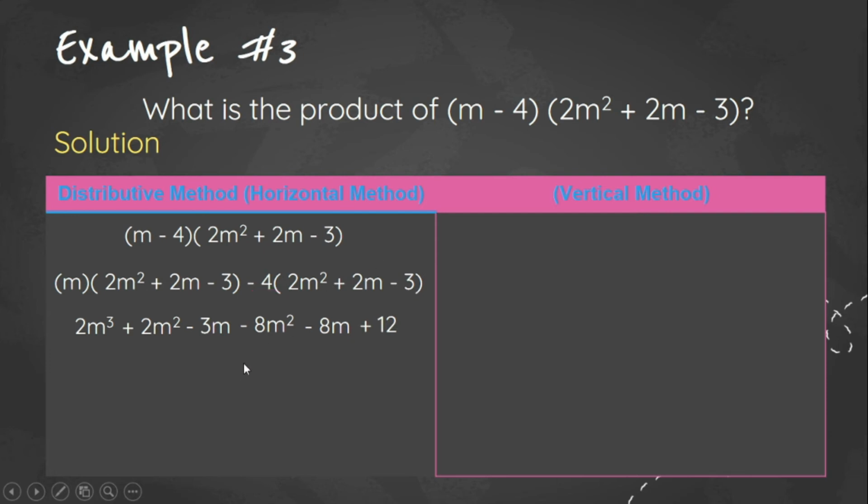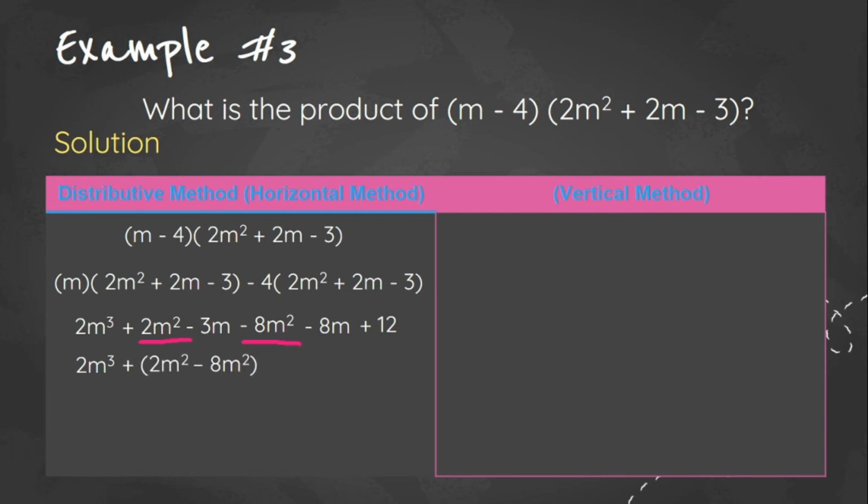Okay? Is this our final answer? Not yet, because we have like terms that we can combine. For 2m cubed, there is no like term, so let's just copy. How about 2m squared? 2m squared and negative 8m squared are alike, right? Because they have the same literal coefficient, meaning to say we can combine them. They both have m squared.